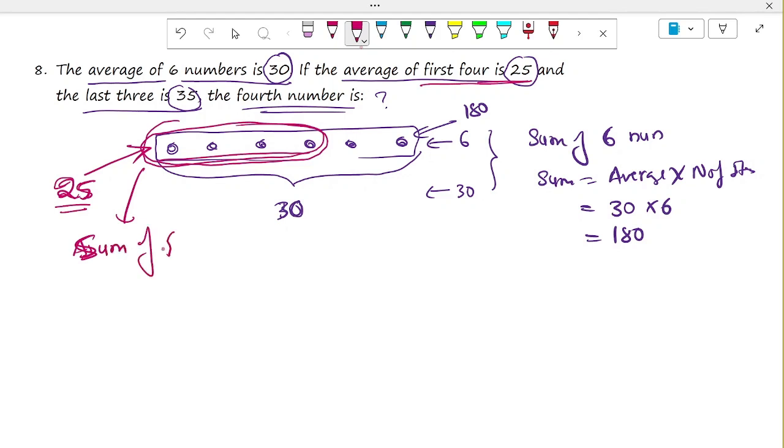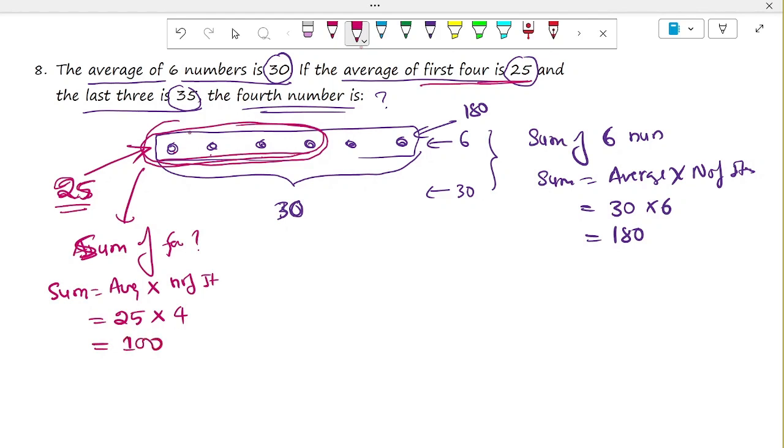How will you find the sum? Sum is again average into number of items. So the average is 25 into the number of items, 1, 2, 3, 4. So it is 4. So the sum is equal to 100.